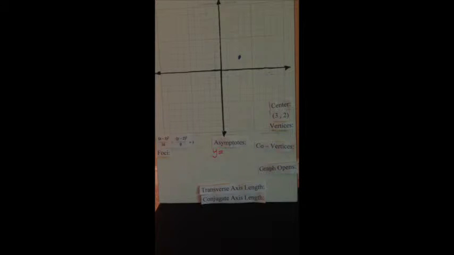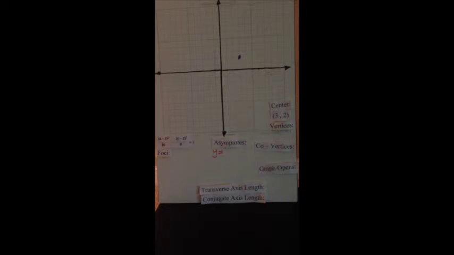I've taken the liberty of making little tabs that have the information that we need on them. So next we can find our vertices and our co-vertices. Due to the fact that it's x minus something over something squared minus y minus something over something squared, that's how we know that it opens up and down.